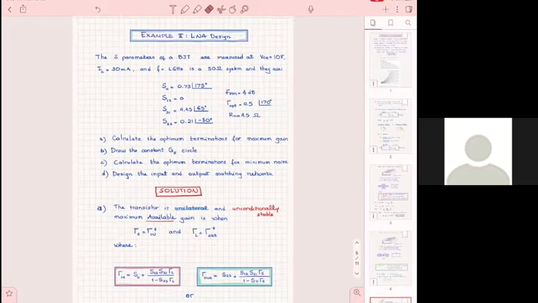I will give you, as I said, a unilateral amplifier to simplify things. Because I know that some of you are still confused about stability, about how to draw the circles, and about how to draw both the gain and the noise circles. So I would like to take time today and go through this again.